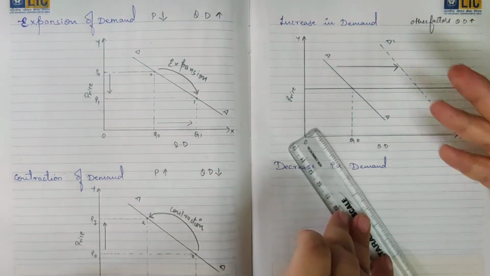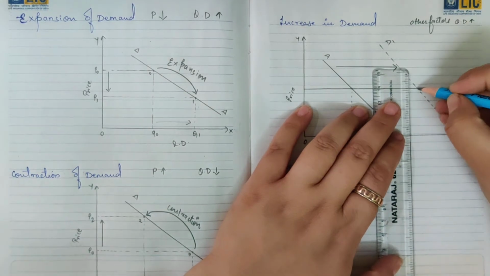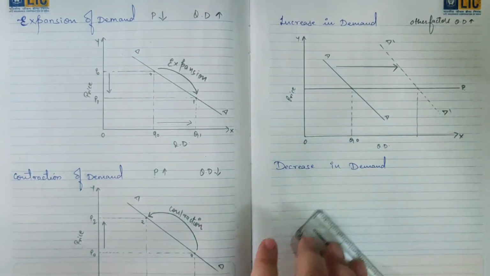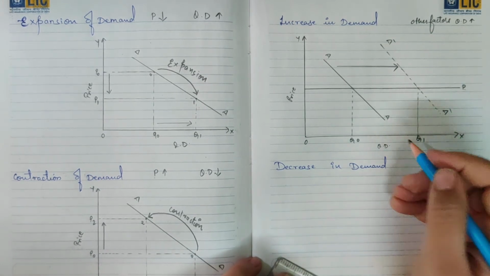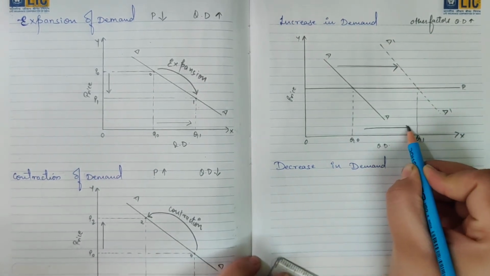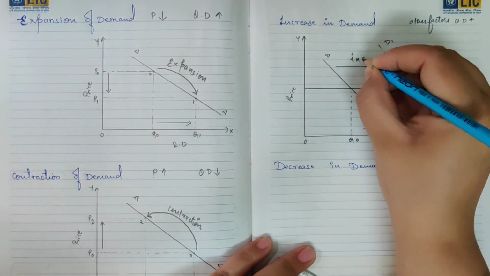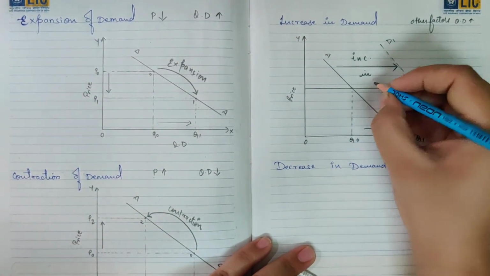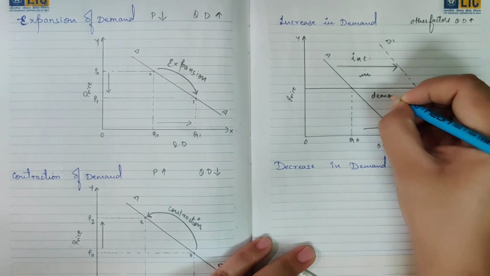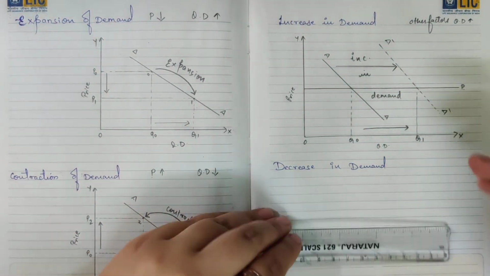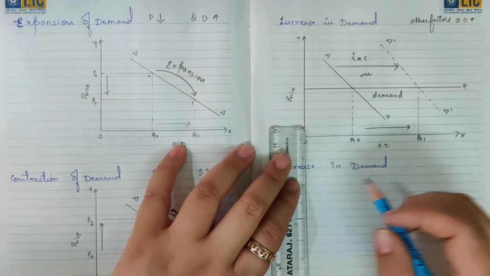You can make another simple demand curve also, and at the same given price quantity demanded tends to increase from Q0 to Q1. So you'll write here increase in demand, or we can also write forward shift, rightward shift of the demand curve, whatever.